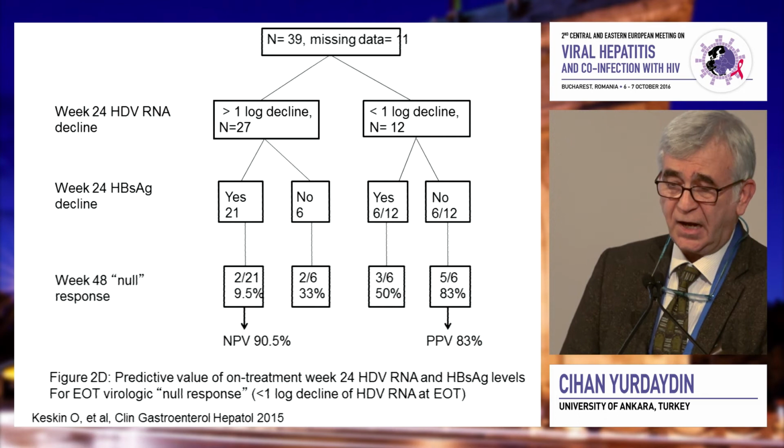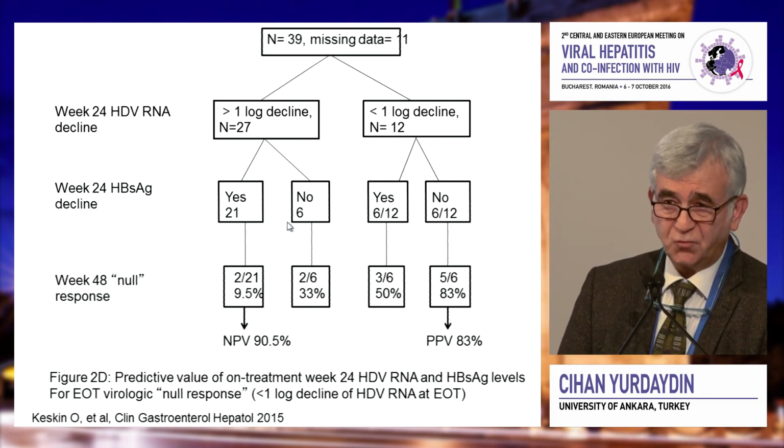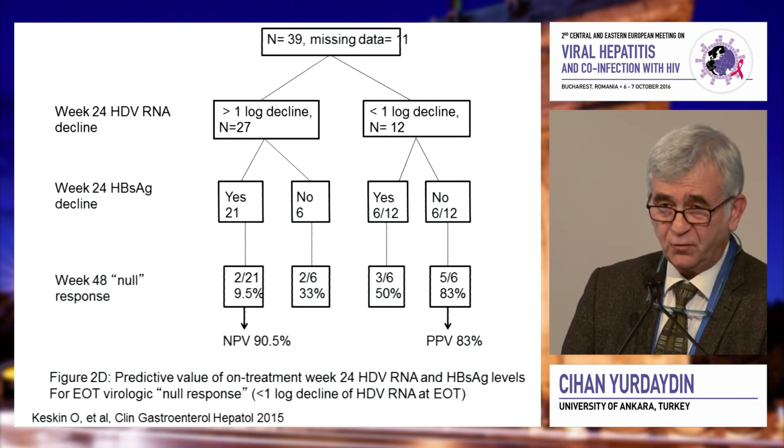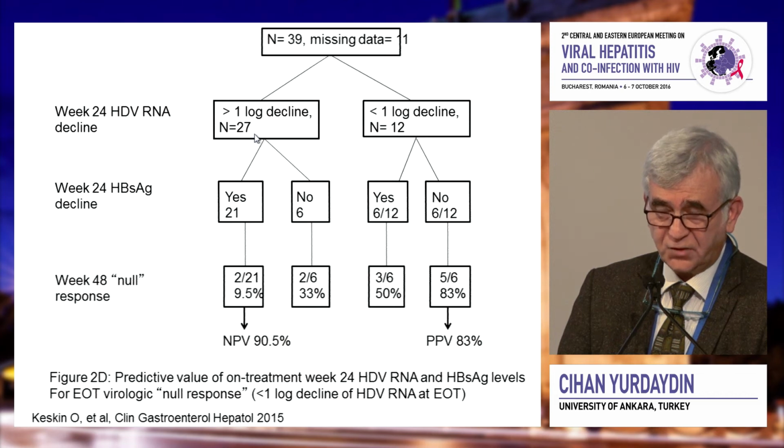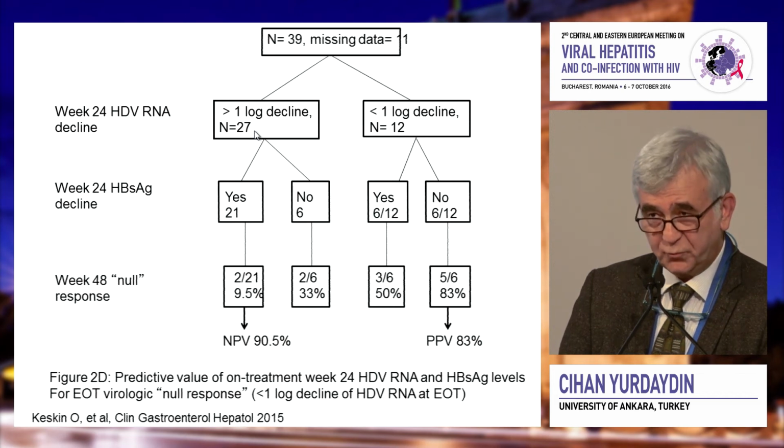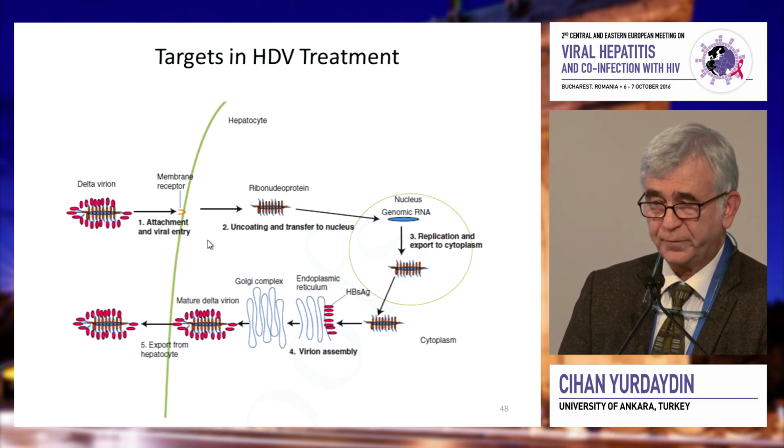What we arbitrarily chose as non-response to treatment was a less than 1 log decline of HDV RNA after 1 year of treatment. And for this, again, a less than 1 log decline of HDV RNA at week 24 appeared to predict this so-called non-response.